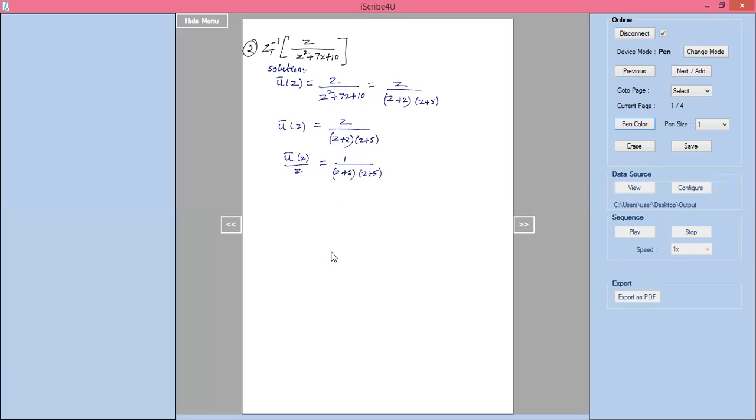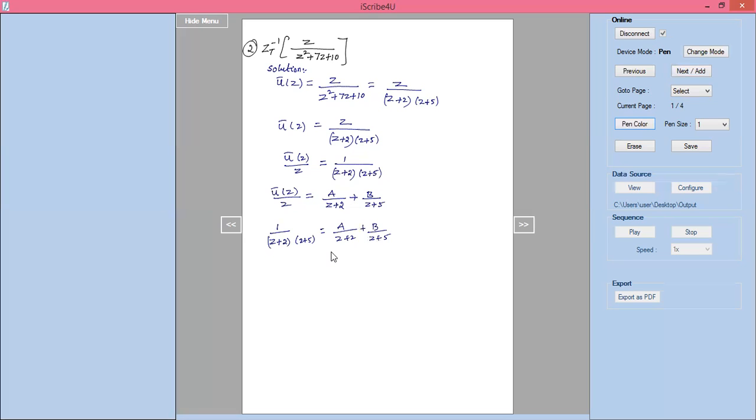We can write this as u bar of z divided by z equal to a divided by z plus 2 plus b divided by z plus 5.